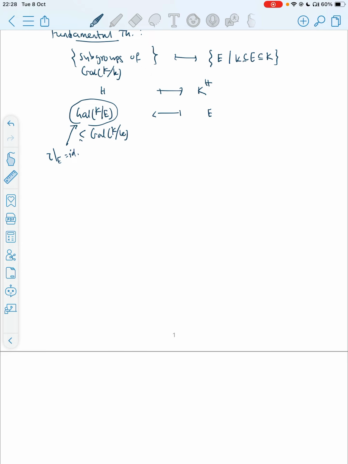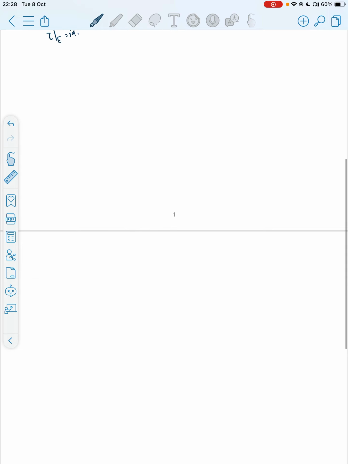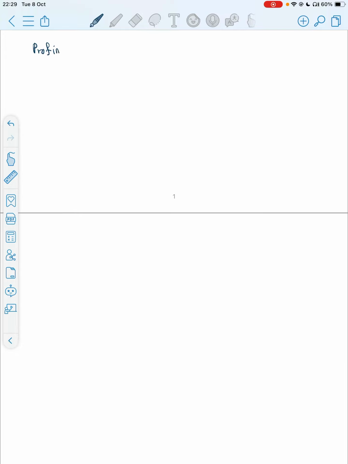So to start this, we need the notion of a profinite group. So let me start with profinite group. So again, there are various equivalent definitions. So we'll stick to the one which is more towards what I need to prove this fundamental theorem, and you can easily show those two definitions are equivalent.